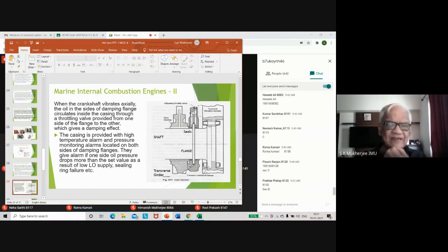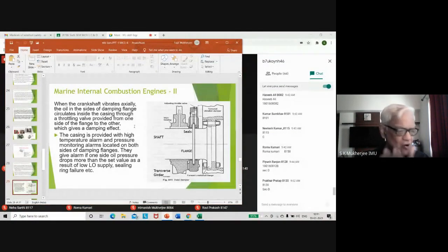So when the crankshaft vibrates axially, the oil in the sides of the damping flange circulates inside the casing through a throttling valve. This here on top is the throttling valve. Actually, it is an orifice passage. If you close that valve, the orifice passage also reduces. The oil circulates through the casing through a throttling valve provided on one side of the flange and the other, which gives the damping effect.